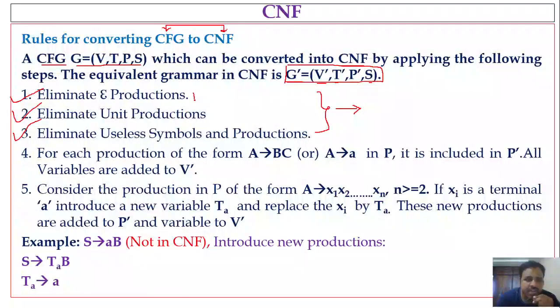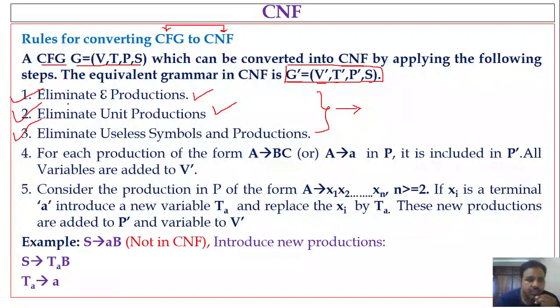The first one, eliminate the epsilon productions. Whenever a context-free grammar is given, you have to check whether there are any epsilon productions. If there are, you eliminate them by applying the strategy that we discussed in the previous sessions. Next, eliminate the unit productions.